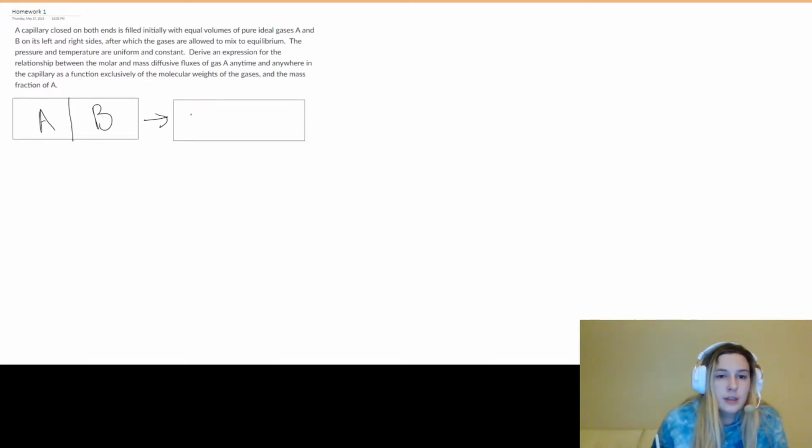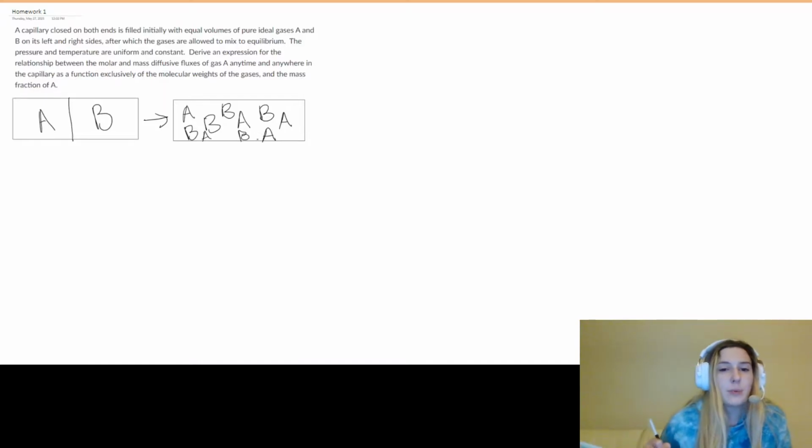So it's going to mix so that it is uniform throughout. So it's going to look something kind of like this, except just very, very uniform throughout. But you get the point.